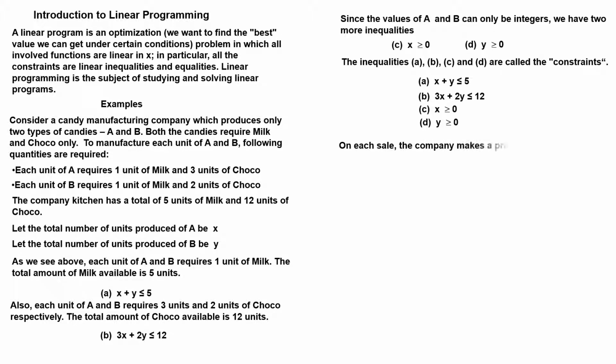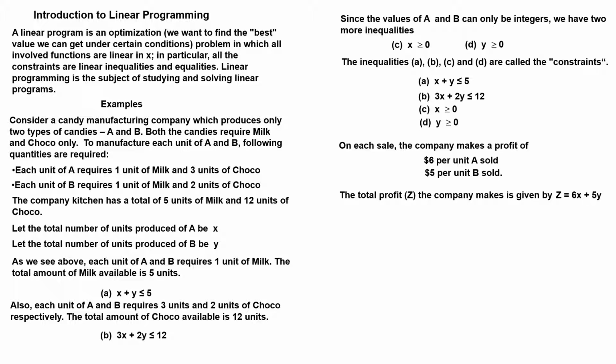On each sale, the company makes a profit of $6 per unit A sold and $5 per unit B sold. The total profit Z the company makes is given by Z is 6 times X plus 5 times Y. The last equation is called the optimization equation or objective function.